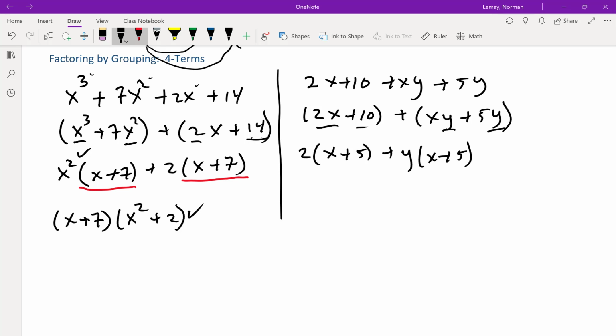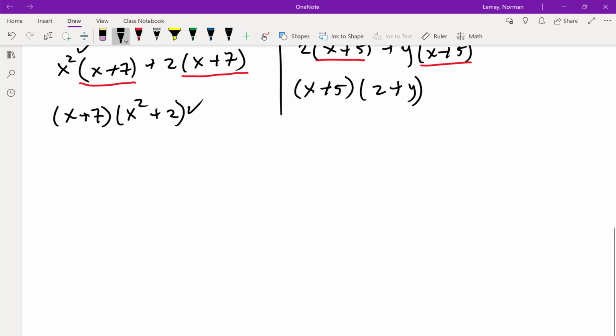And again, notice that we have an x plus 5 that's common in both of those two terms. So pulling out the x plus 5, I'm left with 2 plus y. And again, as I did previously, we can always go back up and perform the multiplication using the FOIL method to verify our work.